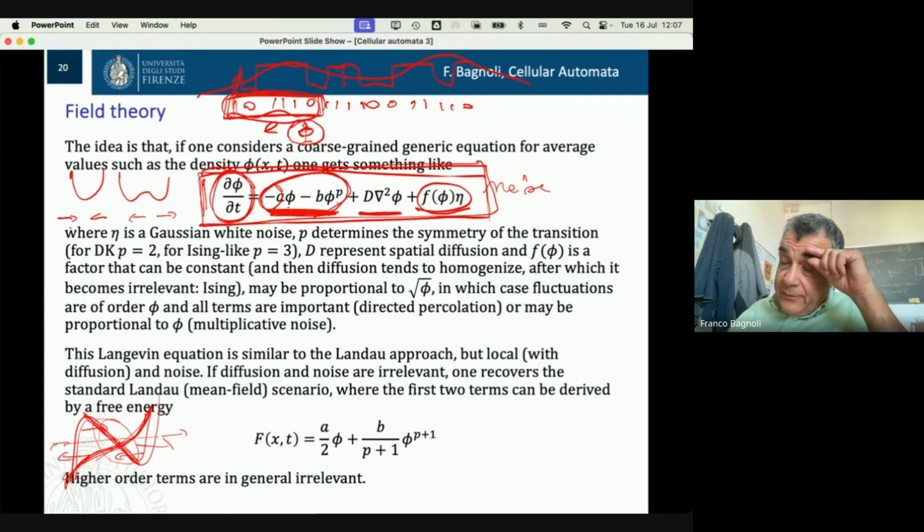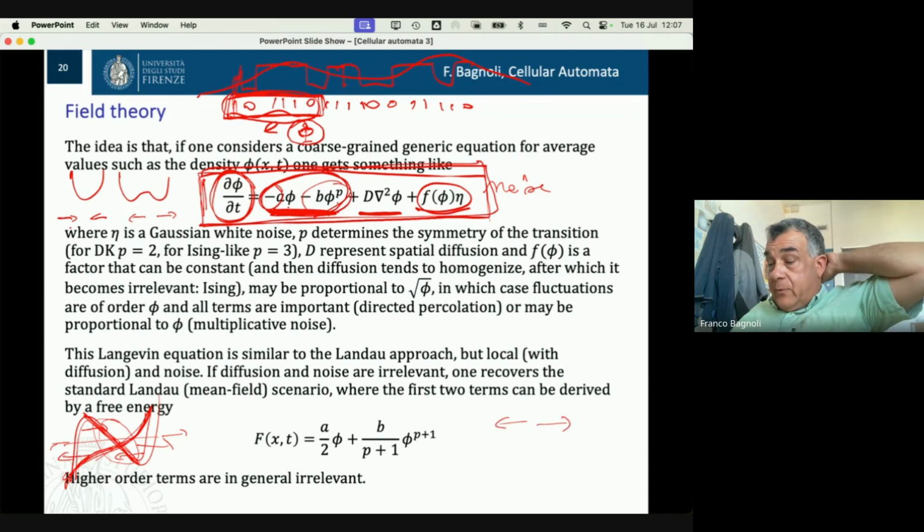If you want to have, like in the Domany-Kinzel, you have to put here a quadratic term, because essentially you are looking at pushing towards 0 or far away from 0. So you have either this situation or this situation. So this is for pushing towards 0, and this is for pushing away from 0.